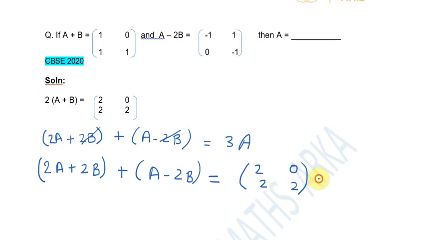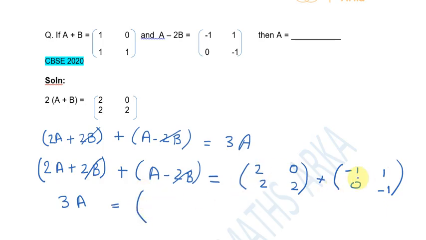Now this has to be summed with a minus 2b. Okay, so it is minus 1 1 0 and minus 1. So this is what we get. Now 2b and minus 2b get cancelled out. Now we get 3a, and that is equal to, just add these two.